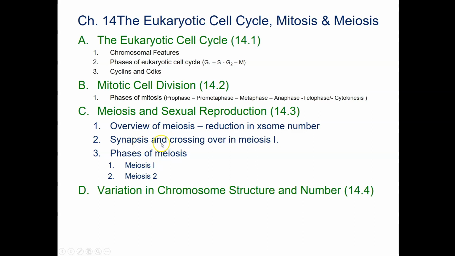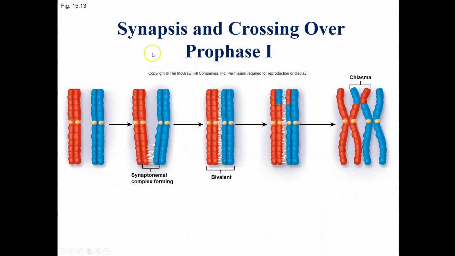Now let's talk about one of the really unique components of meiosis, which is what happens during crossing over in meiosis 1. So in meiosis 1, all the chromosomes are going to come together, and the homologous chromosomes are going to come together, and they can form something called a bivalent. And when that happens, you can have crossing over that takes place.